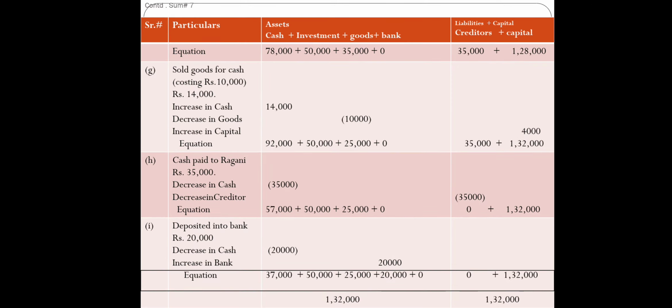Next comes sold goods for cash amounting to rupees 10,000, and it is sold for 14,000. So that will increase your cash and decrease the goods, and at the same time it will increase the capital.